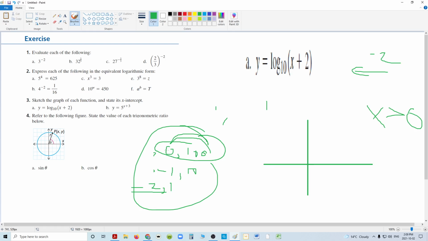Now, that means 100 for x, 0 for y. And you might say, how come it's going through, that's another thing. This domain has shifted 2 to the left. So instead of x must be above 0, it must be above -2, because the domain shifted as well.